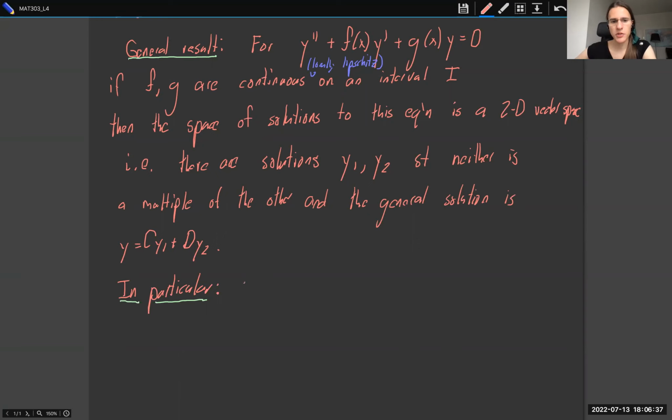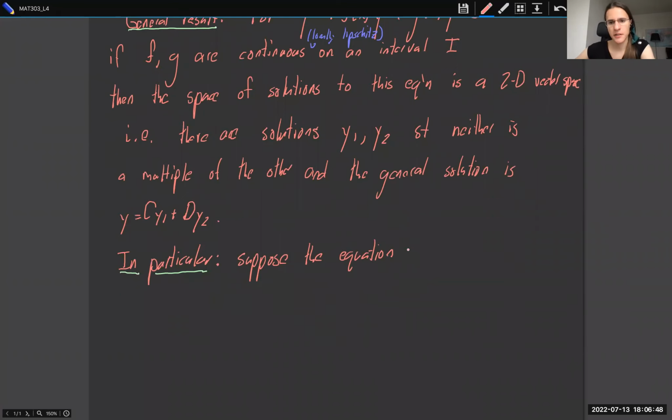Okay, so suppose the equation is a constant coefficient equation, a y'' + b y' + c y = 0, for a, b, c real numbers, and a does not equal 0, so that it actually is a second order equation.